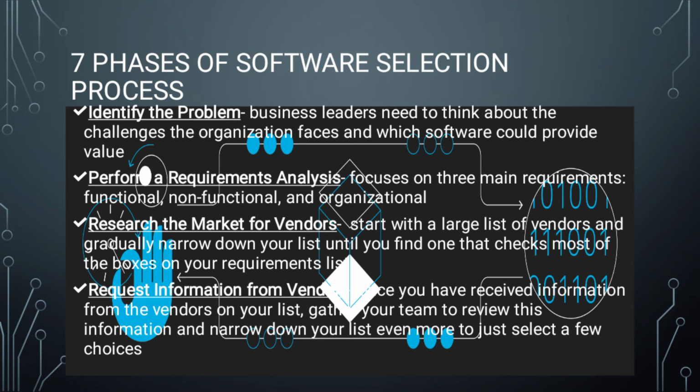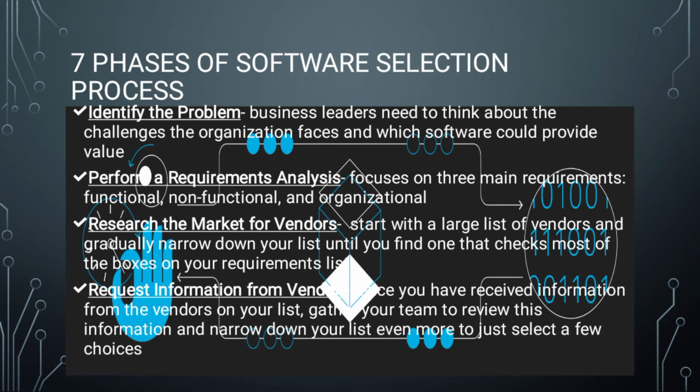The second, perform a requirements analysis. Once you have identified the problem that you are trying to solve, you will need to determine relevant functionality. This information can be determined by undergoing a requirements analysis. Developing high level use cases based on your business processes can also be helpful.